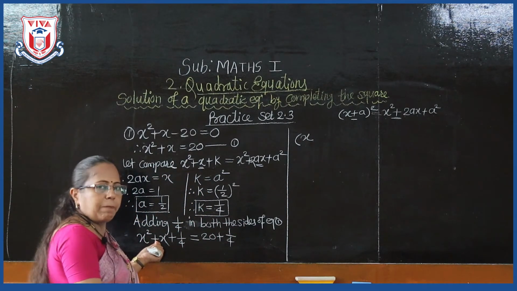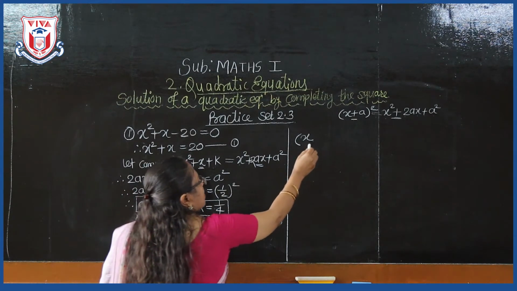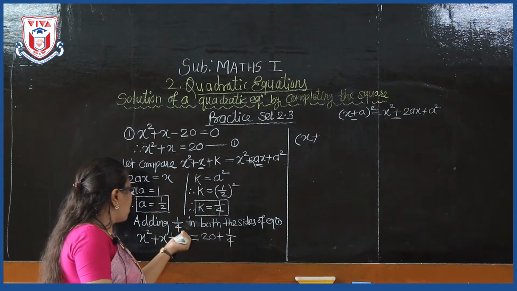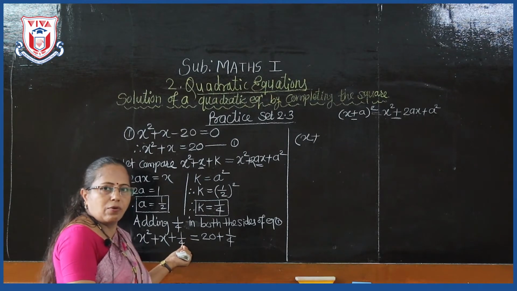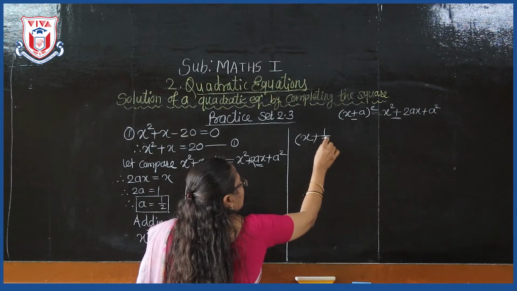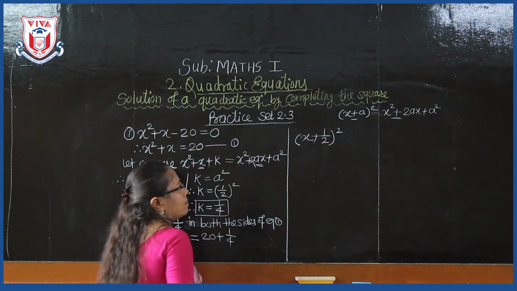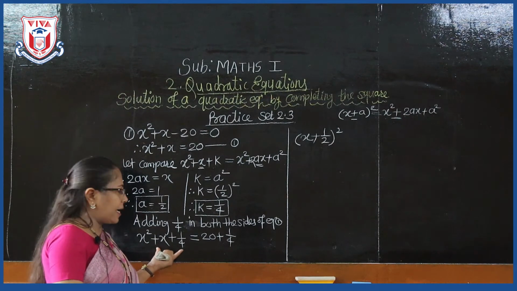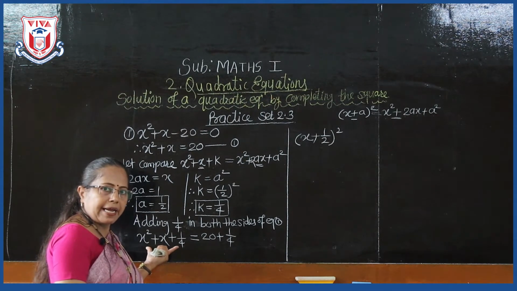Then we have to write the middle term sign, plus. Then we have to take the square root of 1 upon 4. Square root of 1 upon 4 is 1 upon 2. Bracket square. So students understood how we find out this expansion is the square of which bracket?